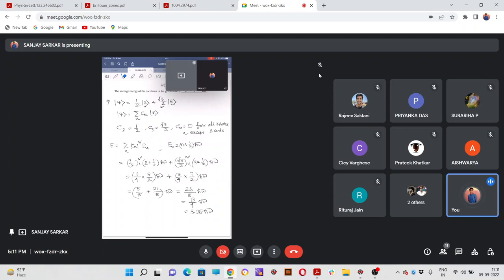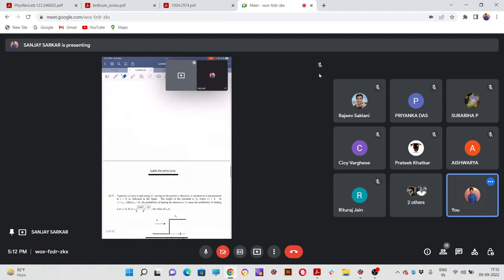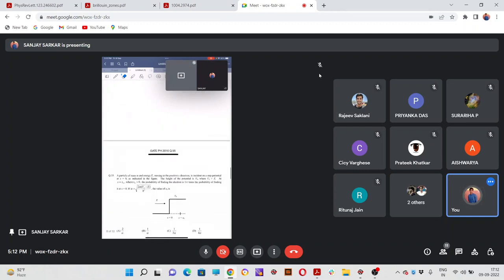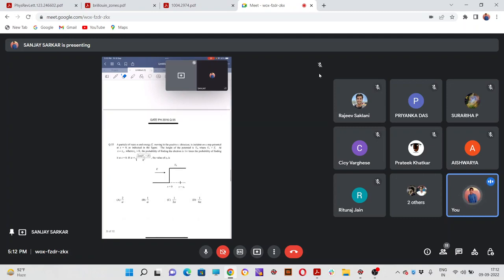So if it is clear, then let's move to the next question, which is 2016's question number 55. The question is: a particle of mass m and energy E moving in the positive x direction is incident on a step potential at x equal to 0 as indicated in the figure.